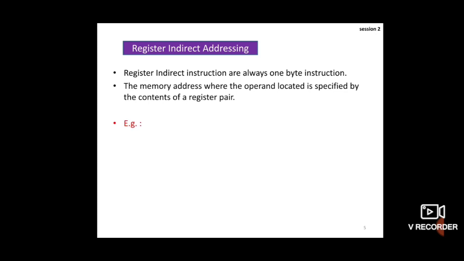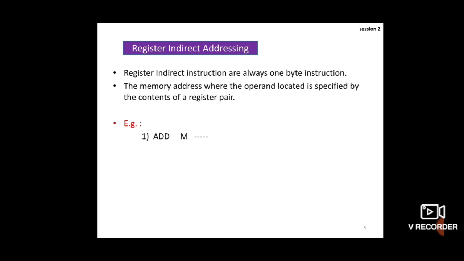See the example, ADD M. M indicates memory. Always remember, in any instruction where M is specified, M indicates memory. Now which register pair is used for memory? HL register pair is used. BC or DE are not used as memory pointer. Only the HL register pair is used as memory pointer.